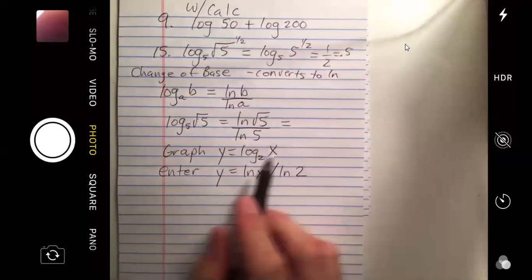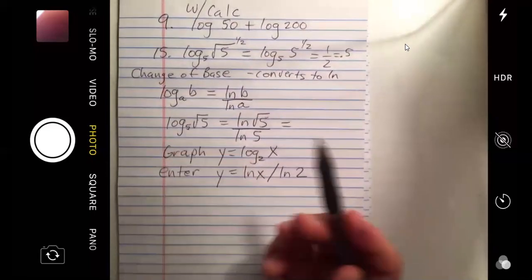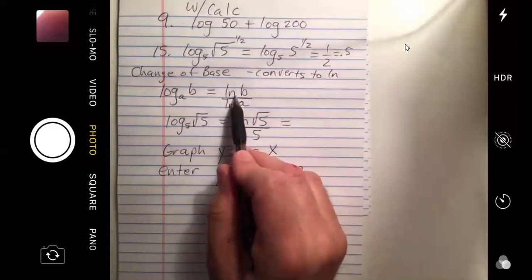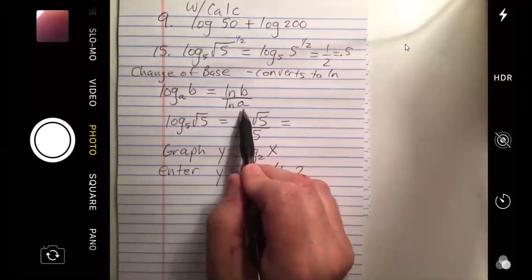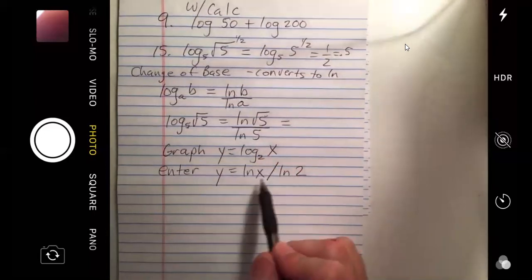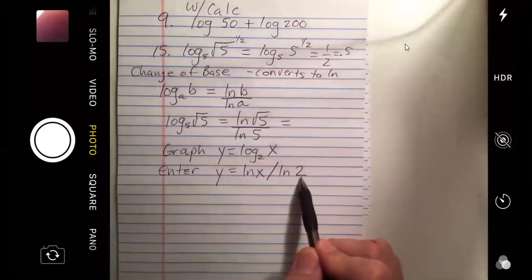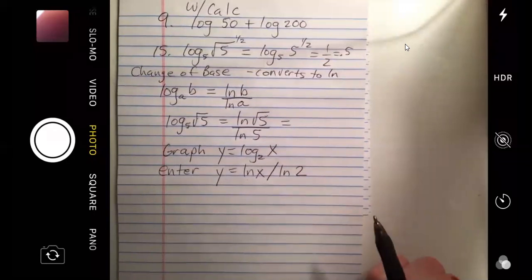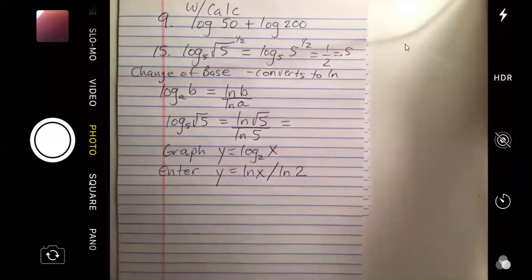In effect, change of base is like a scale factor. All logs can be written as ln if you scale them by the log of the base you're using. And so this is the formula for graphing in any other base. Have you figured out any problems you want worked?